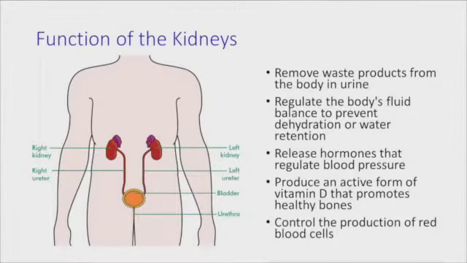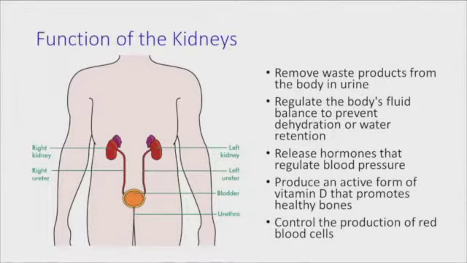I would like to start by explaining a few concepts about the function and the structure of the kidneys. The kidneys are two small organs located in the middle of our back, and they perform very important functions for our body. They remove waste products from the body in the urine by filtering toxic components from the blood.